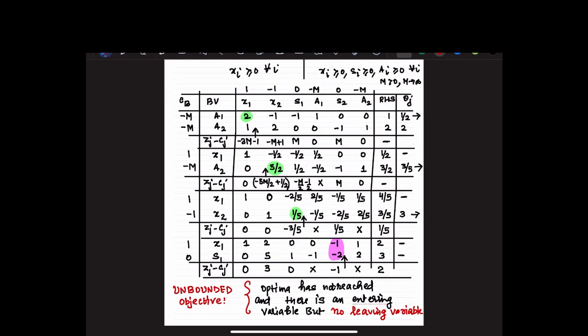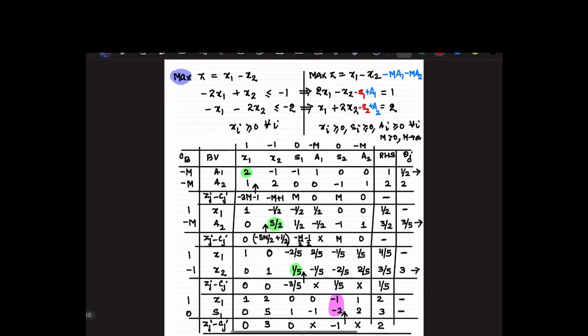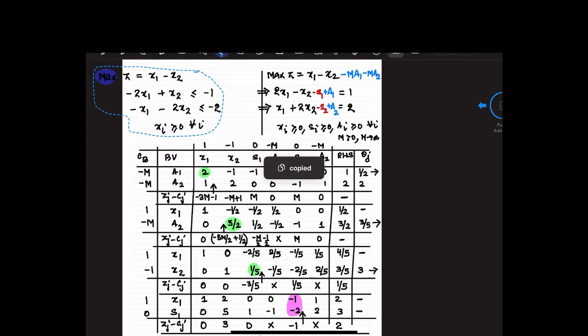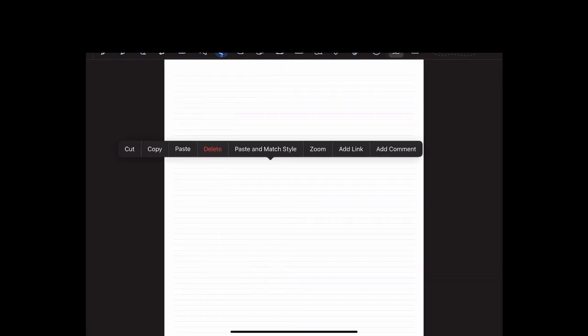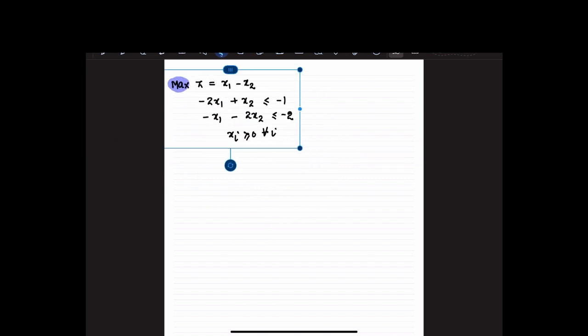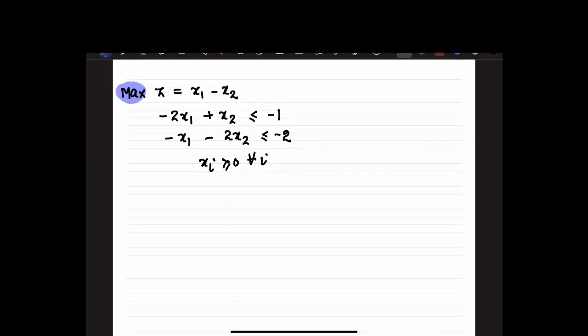So this was the question on LPP being the optima value being unbounded. How can we see this using the graphical method? See, let's say we had this problem and we solved it using graphical method. So let's make the region. So the region is, draw this. This is say x1.